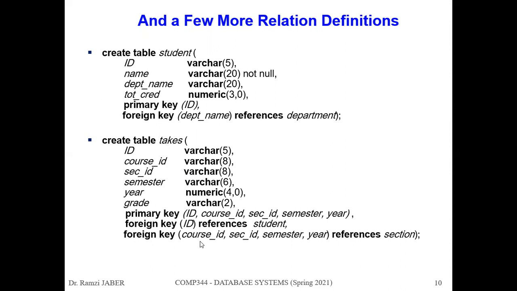As you can see, ID is from the student table, and course ID, section ID, semester, year are from the section table. It's an intermediate table between two tables in a many-to-many relation. That's why the primary key and the foreign key have common attributes, because it's a many-to-many relation.